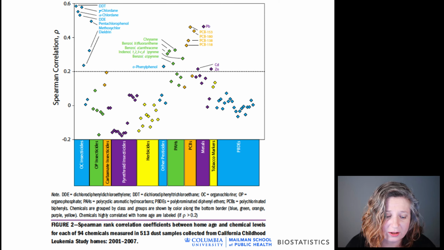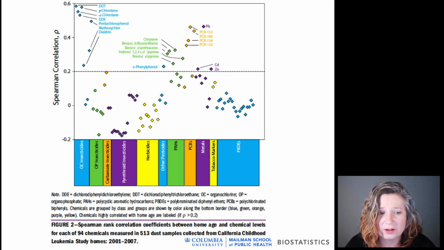So you can see that those Spearman rank correlation coefficients between age and chemicals are plotted in a very understandable fashion, color-coded, and yet we can very quickly see which of those chemicals is the most correlated with the age of the home, and which of those correlations are significant and meaningful, as the authors consider meaningful, and which ones are not.